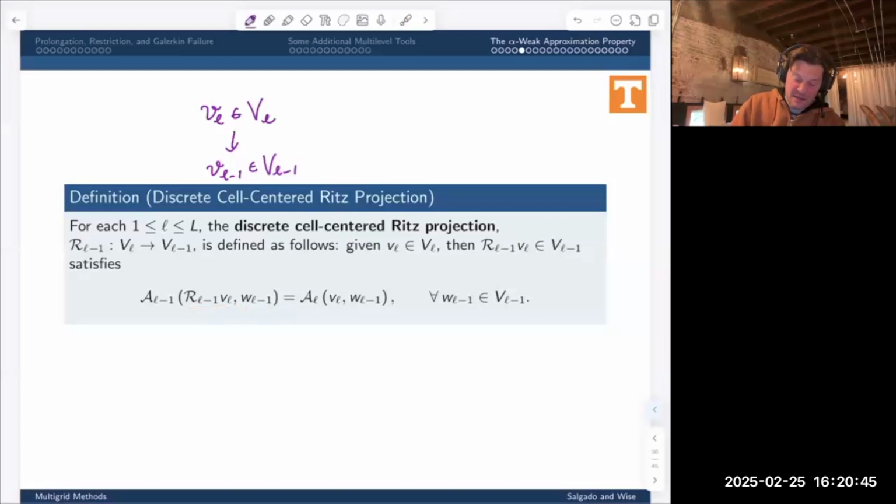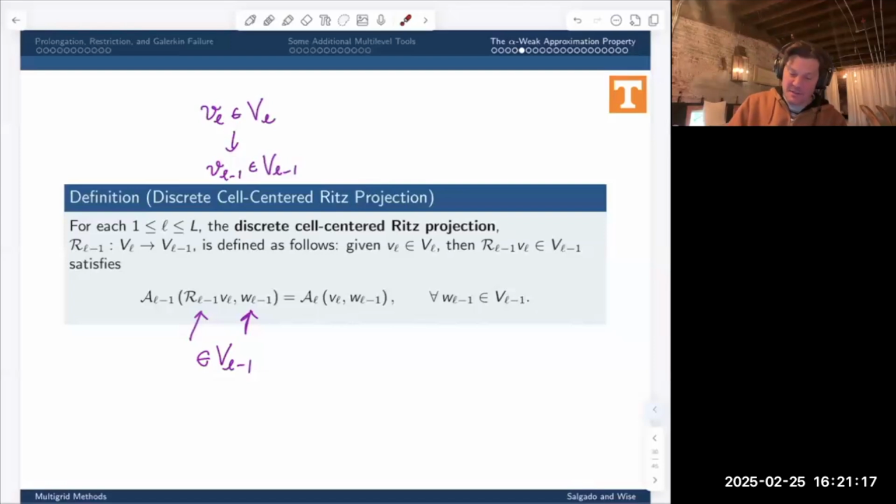So I need this guy and that guy both to be in capital VL minus 1. Well, by definition, this is what we call a test function, and that is in VL minus 1. We're looking for this object. We don't know what it is, but we're claiming that it's in VL minus 1. So be it, we'll say it's in there and it's fine. We're defining this thing to be in that space to begin with.